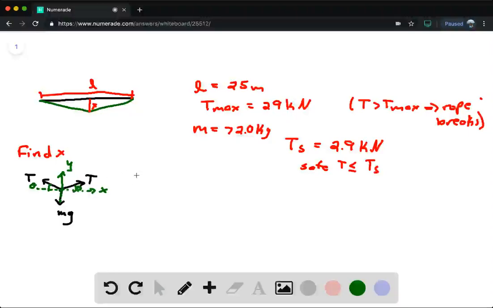Using Newton's second law, in the y direction there's no motion, so no acceleration, and the net force is 0. This will be equal to 2 times the vertical component of the tension, because we have the tension force in those two directions, minus the gravitational force.